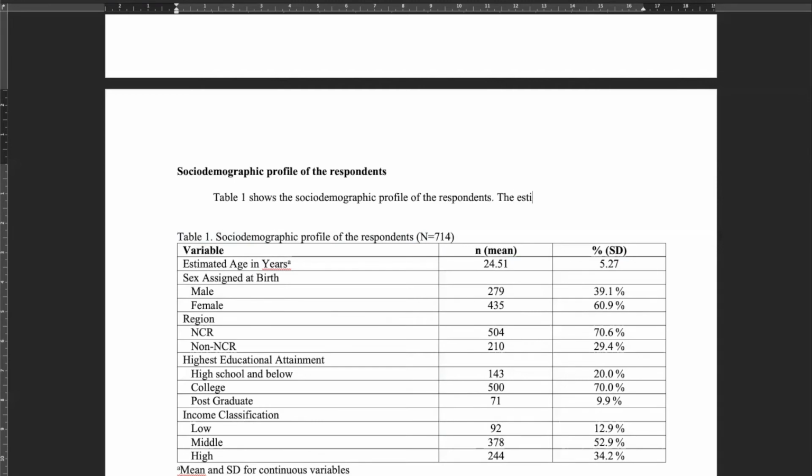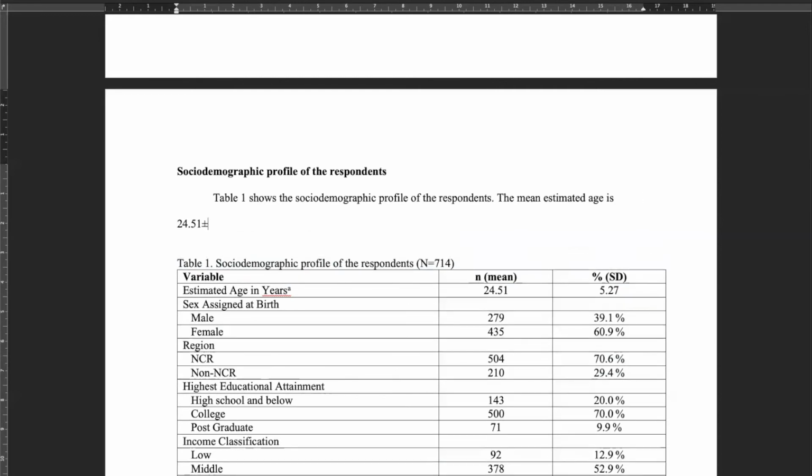The mean estimated age is 24.51. And then again, like I said, when you express SD, you can just say plus or minus, and the next value will already signify that you're talking about the SD. So 24.51 plus or minus 5.27, period. And then you now go to the next variable.